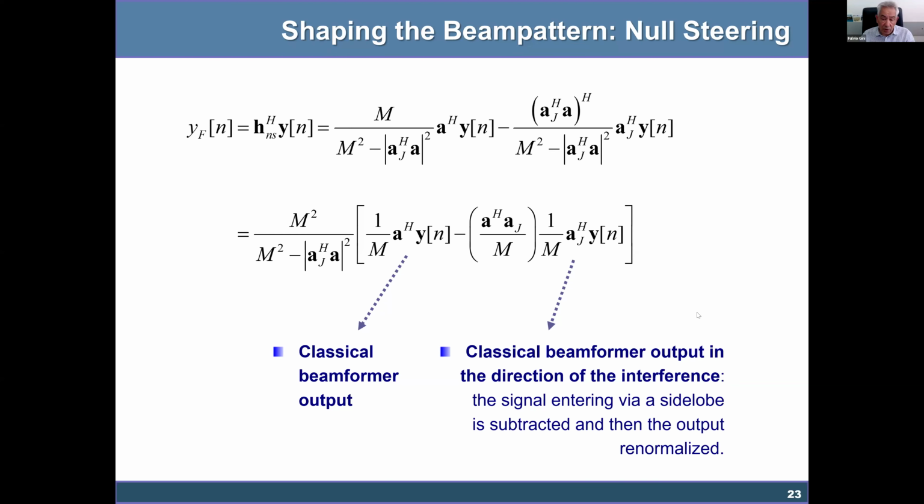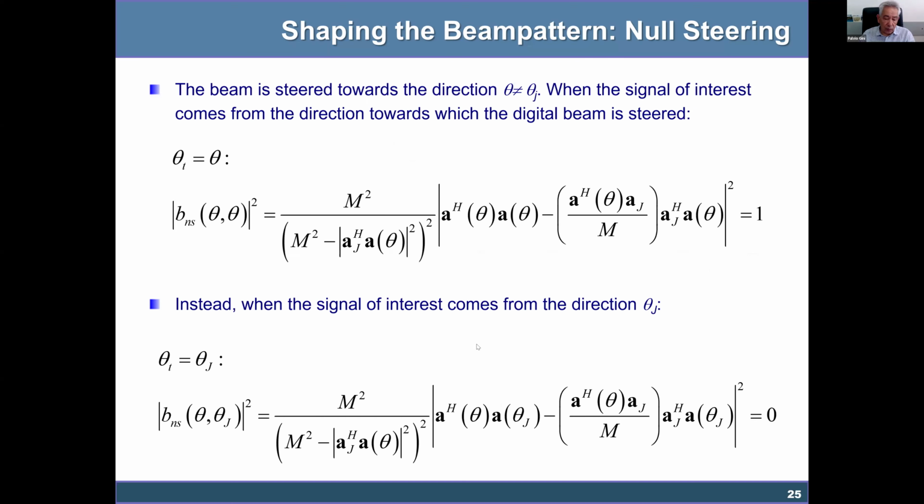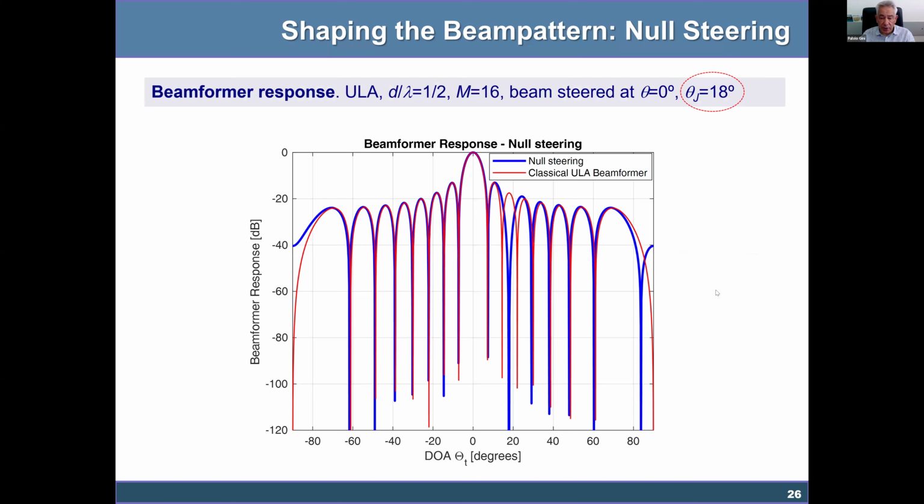This is even more obvious if you calculate the beam pattern. So you calculate the beam pattern, it is the modulo square of this quantity. So you can express analytically the power beam pattern. Let me show the picture.